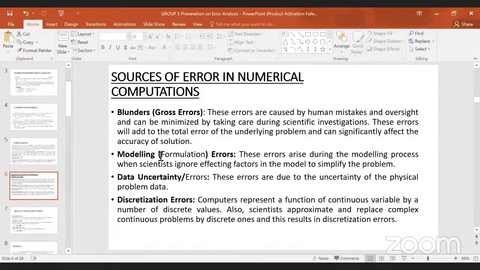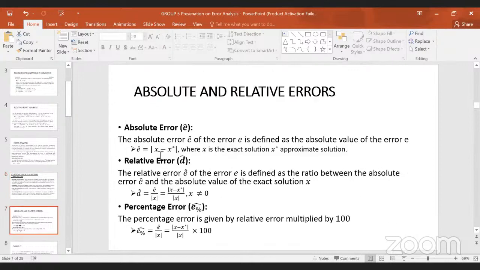And we also have the discretization error. This is where a computer represents a function of a continuous variable by a number of discrete values. Scientists also tend to approximate and replace complex continuous problems by discrete ones, and this results in discretization errors.